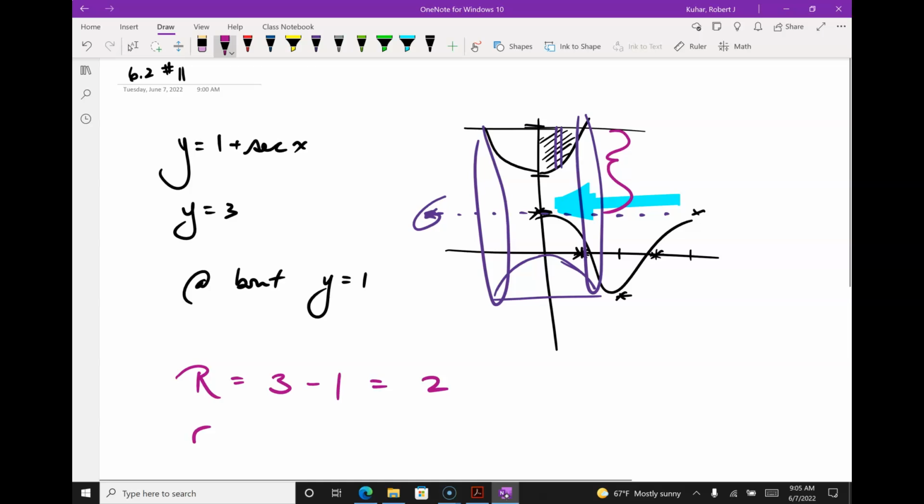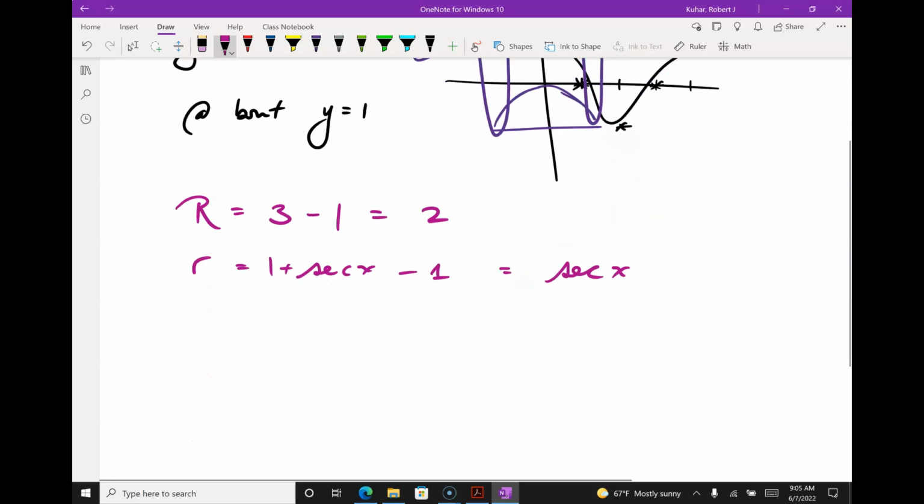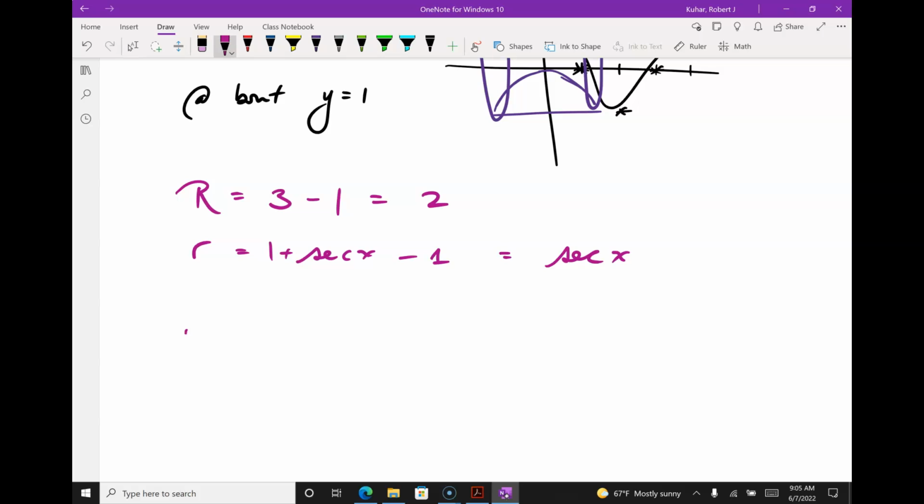The little radius is the curve, right? The little radius is here. You with me? So I need the curve minus 1. So 1 plus secant of x minus 1. So capital R squared is 4.